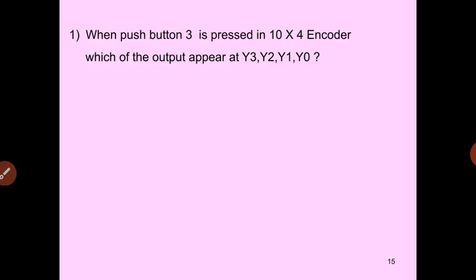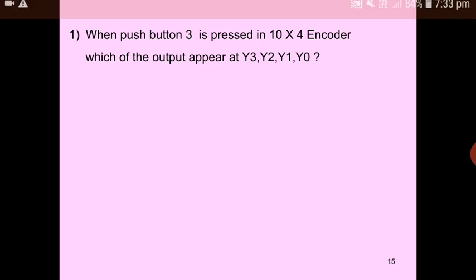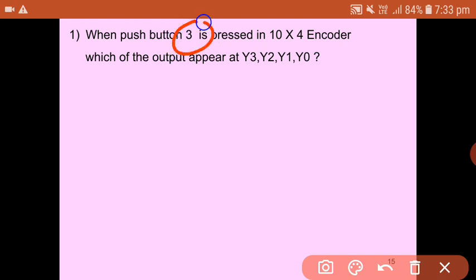When push button 3 is pressed in a 10 by 4 encoder, which output appears at Y3, Y2, Y1 and Y0? Push button 3 means the decimal number 3. For decimal number 3, the corresponding BCD will be 0011.